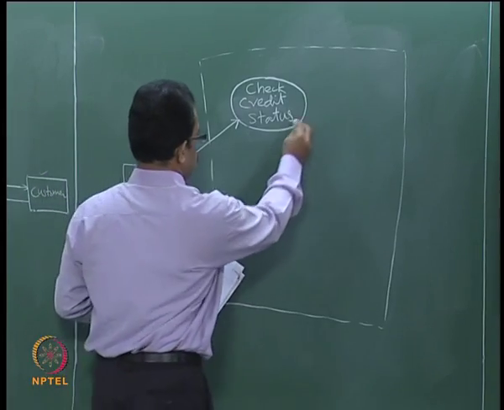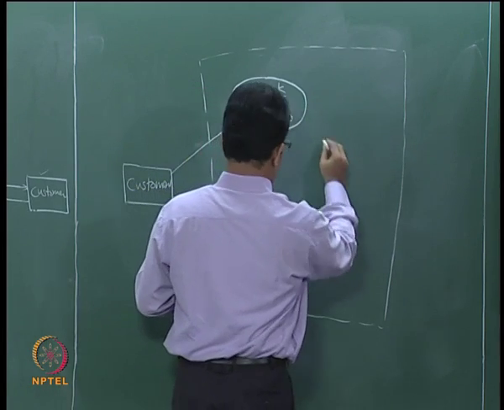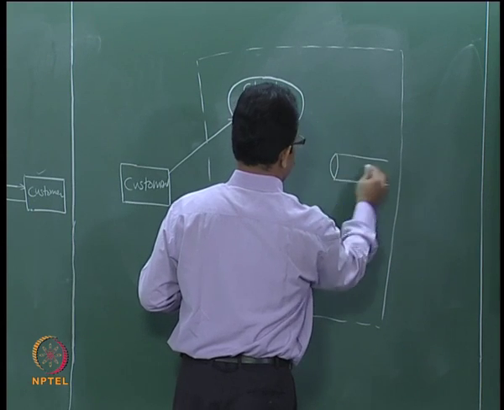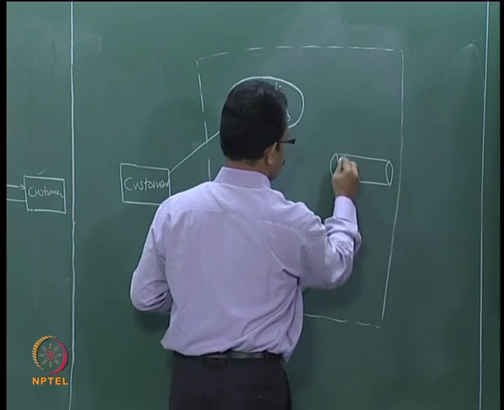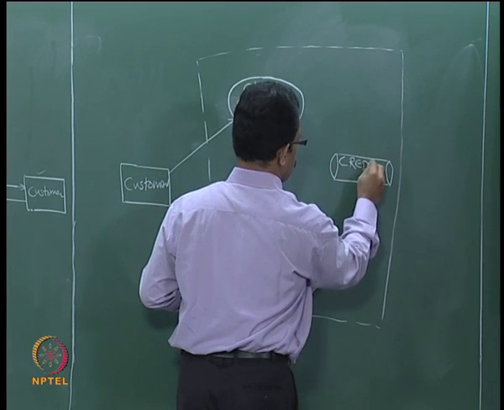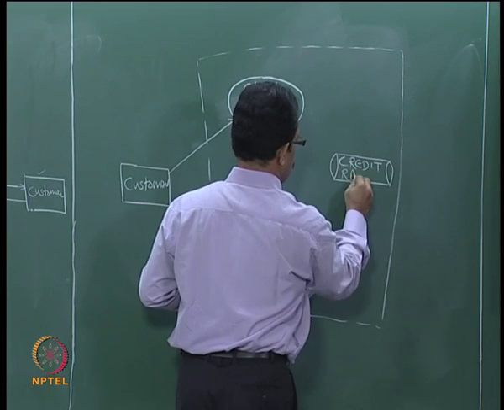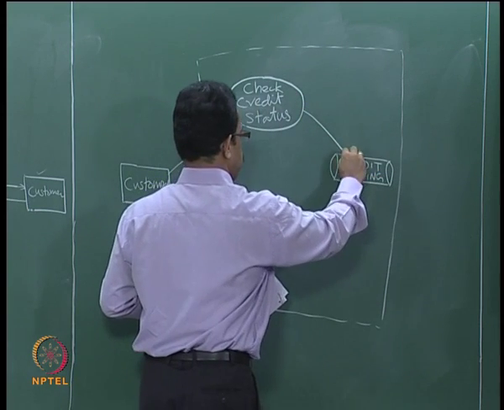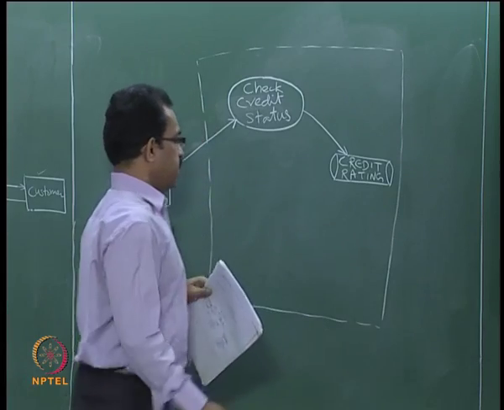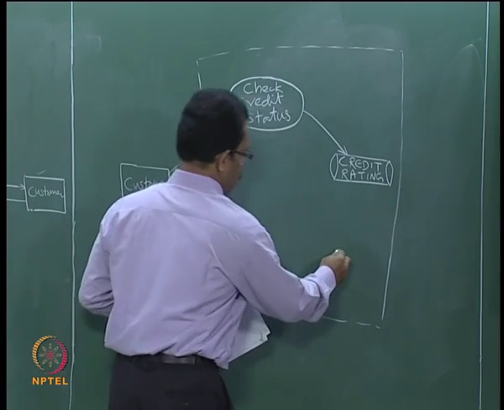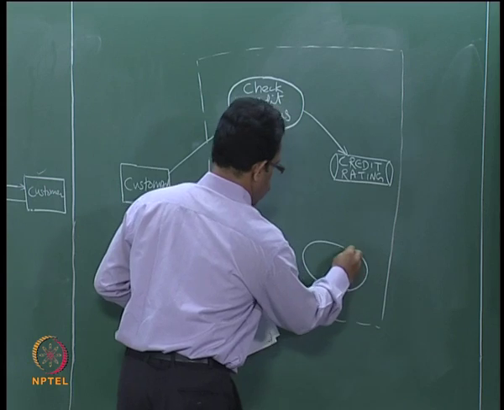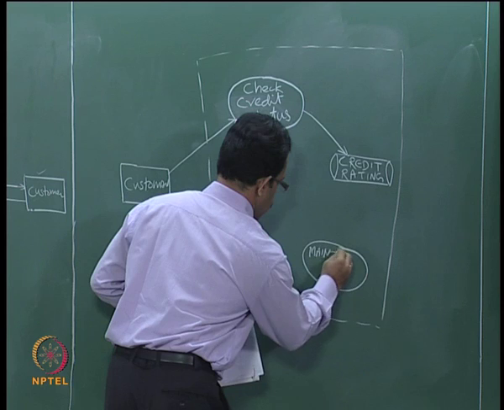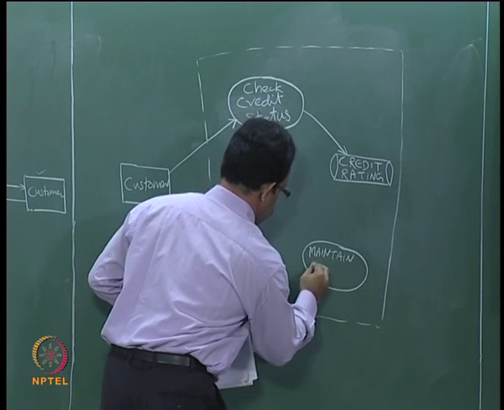Then you will be having a database which is basically the credit rating of the person. So there will be an enquiry from here to the credit rating, and then there will be another function which actually maintains the credit rating. So this is another function, maintain credit rating.